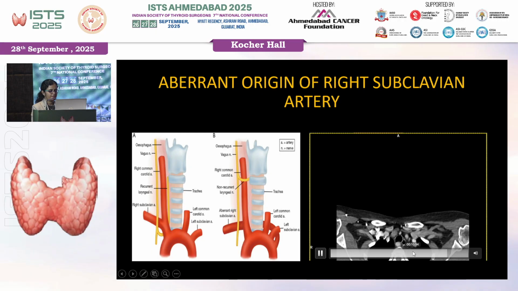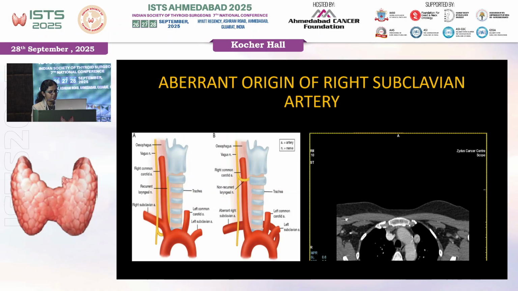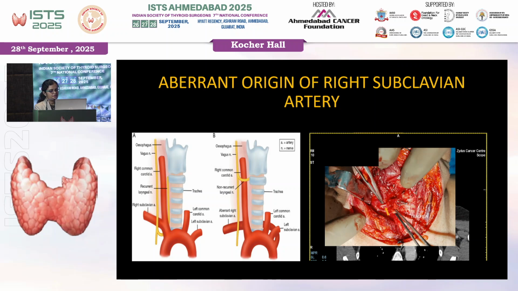I didn't have the ultrasound clip for this patient, and in this case intraoperatively there was this non-recurrent laryngeal nerve. So this, if you can appreciate, is the trachea, and this is the non-recurrent laryngeal nerve. The non-recurrent laryngeal nerve would have a horizontal course coming from the vagus nerve directly, in contrast to the normal recurrent laryngeal nerve, which would have a vertical orientation.